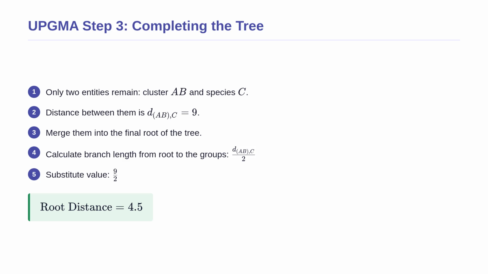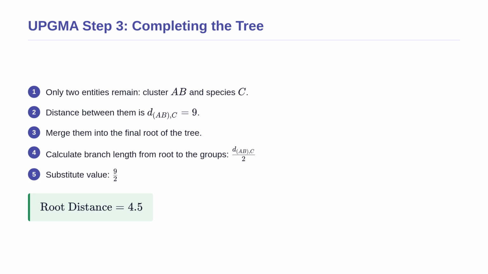We're now ready for the final step to complete our tree. Continuing directly from our previous calculation, we have only 2 entities left, the combined cluster AB and the single species C. We just calculated that the genetic distance between them is exactly 9. Since there are only 2 groups left, the algorithm dictates that we simply merge them together into the final root of the entire tree.